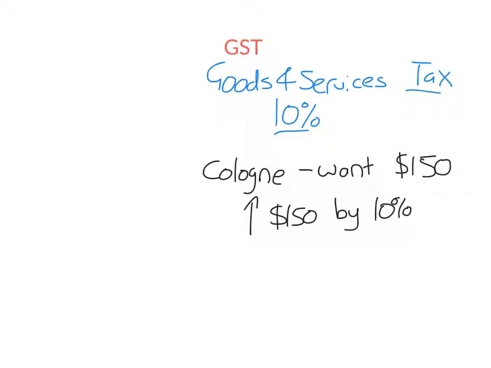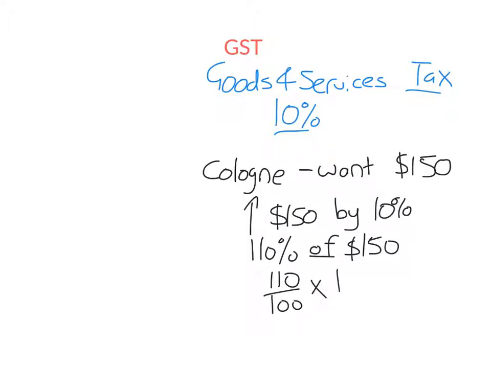So remember, increasing by 10% is the same as finding 110% of the quantity. So here, if I want to increase $150 by 10%, I just find 110% of 150. Remember, finding percent of a quantity, I change the percent to a fraction or a decimal, and then I just multiply by the quantity.